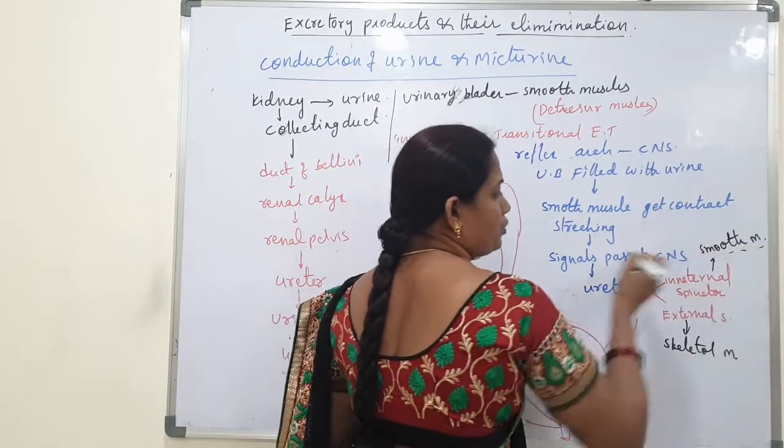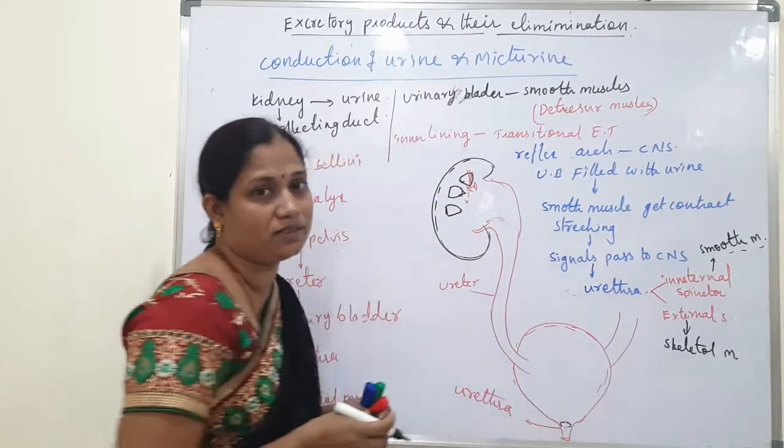The internal sphincter is made up of smooth muscle. The external sphincter is made up of skeletal muscle.